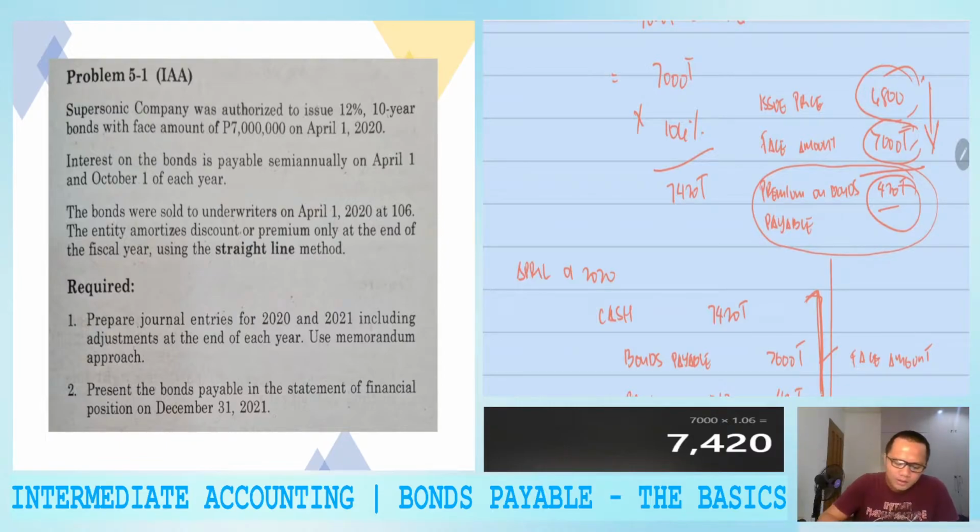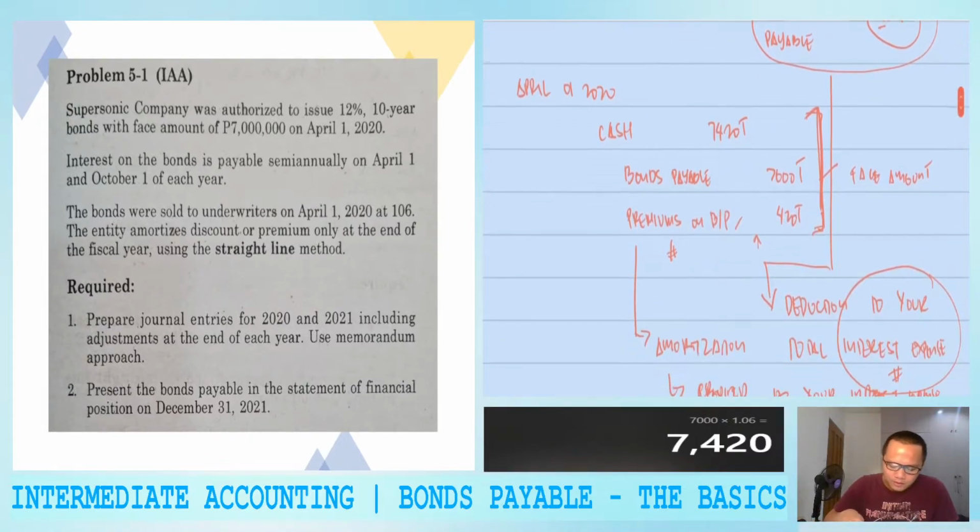If that is the case, then we will have 200,000 as your discount on bonds payable instead of premium. Di ba? Issuance at a discount.